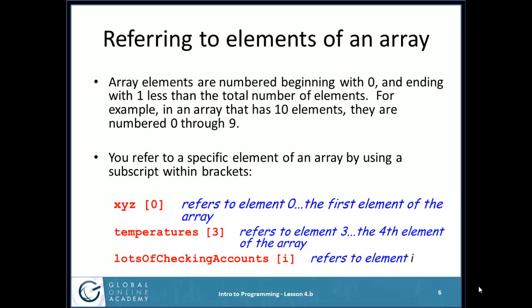So XYZ[0] refers to element 0. That's the first element in the array. temperatures[3] refers to element number 3. That's the 4th one in: 0, 1, 2, 3. lotsOfCheckingAccounts[i], or sub i, refers to element i of the array lotsOfCheckingAccounts.